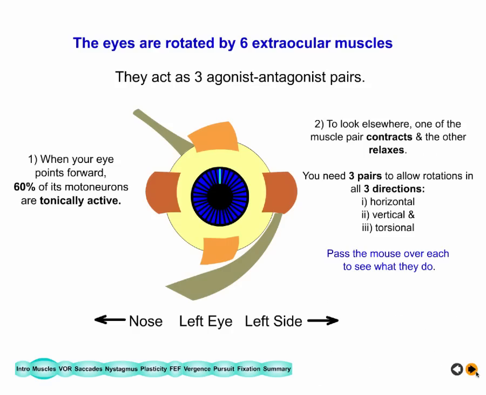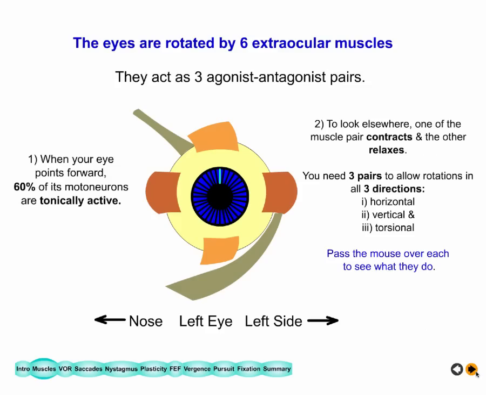Okay, so we've got these four movements, and then we've got the eye. So how does the eye work? Well, it's got 6 eye muscles attached to it. And most of the time, they're 60% active, so they're pulling in all directions.